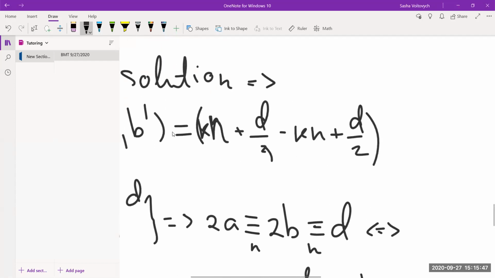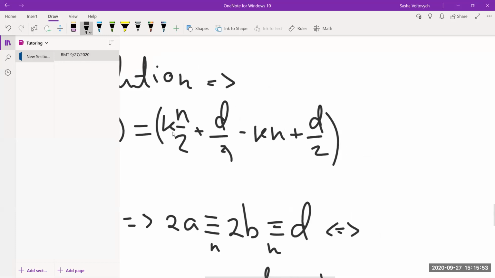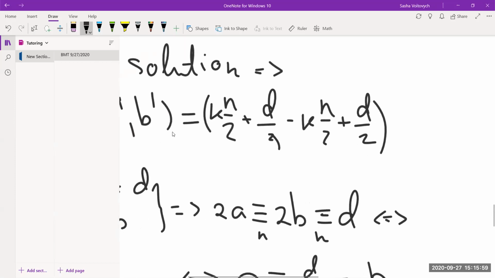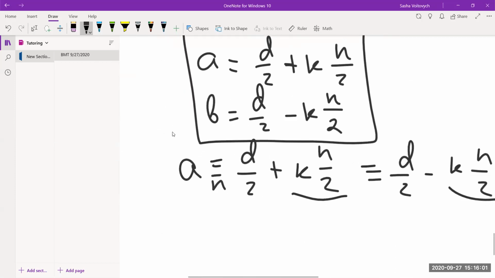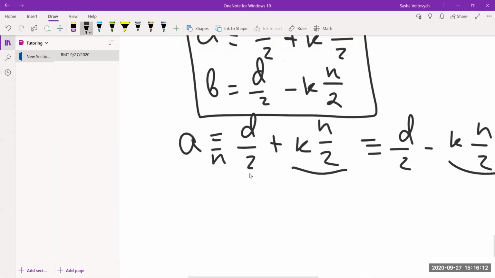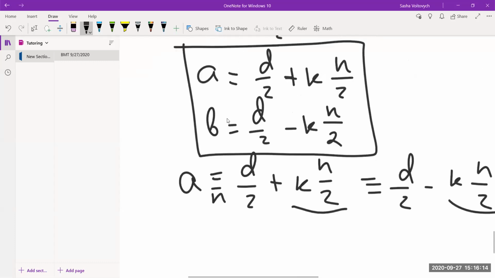Sorry, this was supposed to be k n over 2, and this was supposed to be minus k n over 2. Then we just have to watch that both of them are non-negative integers. We are interested in non-negative integer solutions.